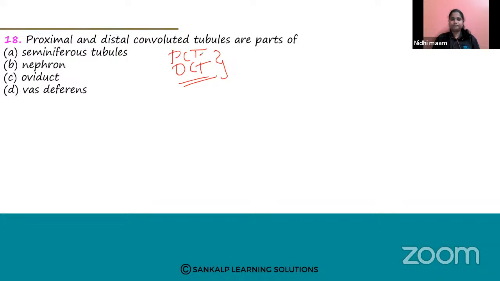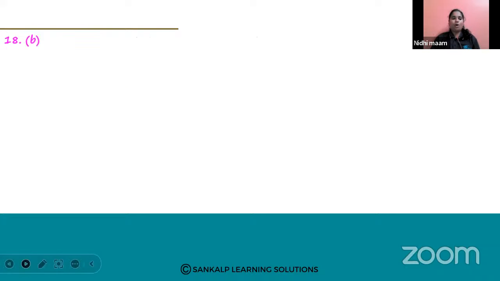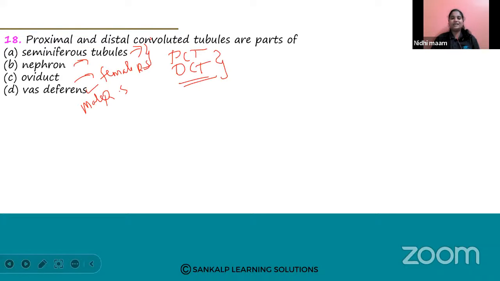See, vasa deferens comes under the male reproductive system, we heard this term there. Oviduct is the female reproductive system. Among these, which is the right answer? Option B, nephron, is the right answer.